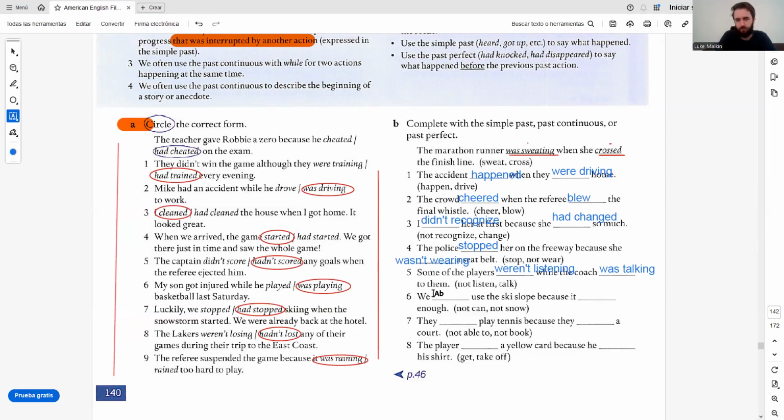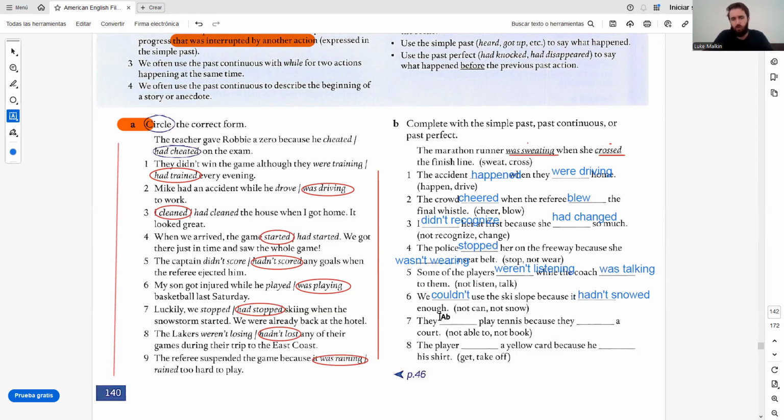We couldn't use the ski slope because it hadn't snowed enough. That's before, it hadn't snowed enough.